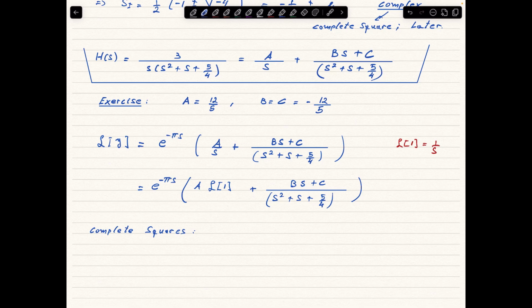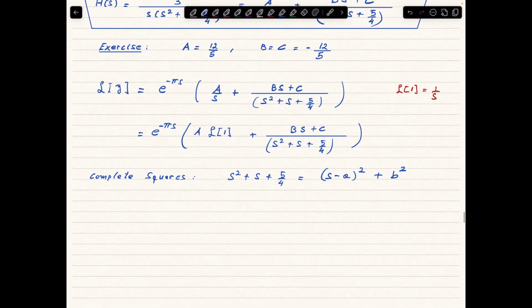So what is that? Complete the square means grab the denominator s squared plus s plus 5/4 and write it down as s minus some number a square, this is the complete square, plus the rest, and the rest should be some number that we can write down also as a square. So that is a complete square. How do we achieve that?